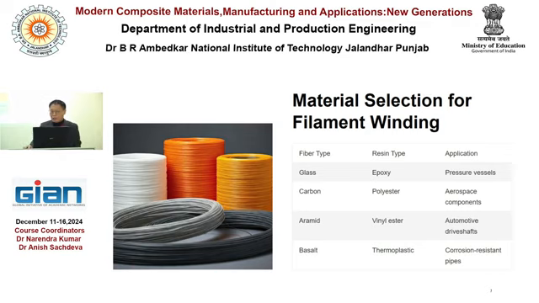Also, the pressure vessel is the most common use for the filament winding process, because a pressure vessel is mostly cylindrical, and the end cap is hemispherical.